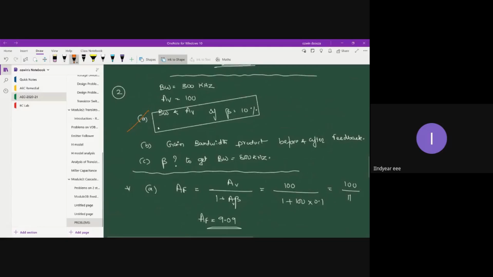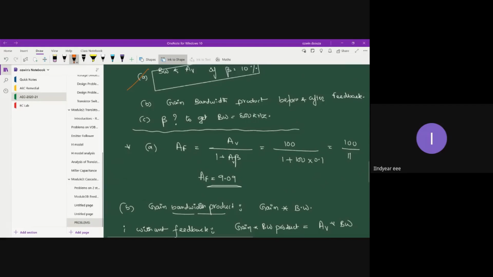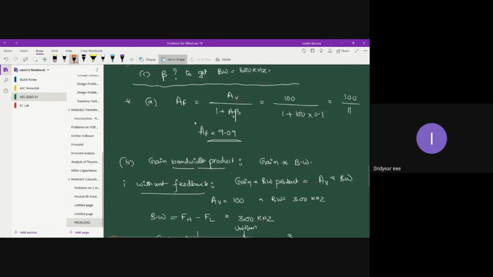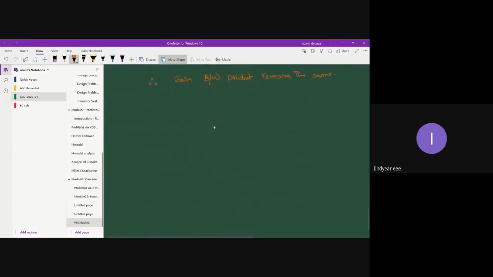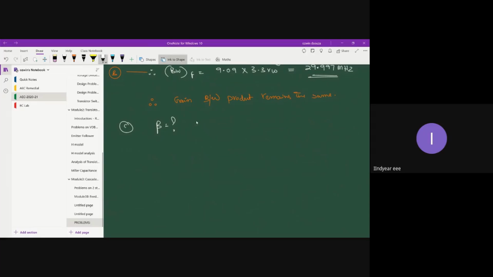Bandwidth and AV we have already found. Gain bandwidth is also done. The third one, beta, to get a bandwidth of 800 kilohertz. Okay, so let us write down the formula.